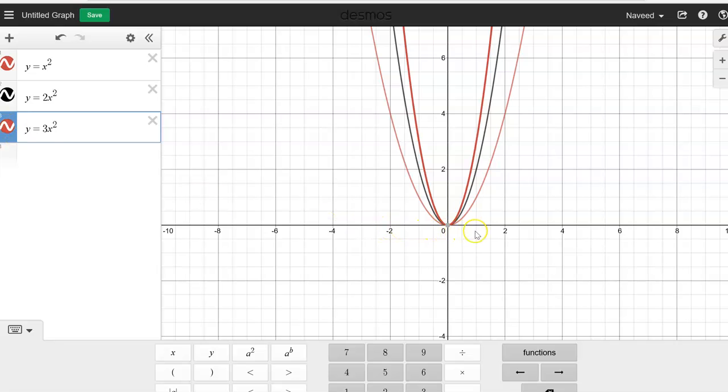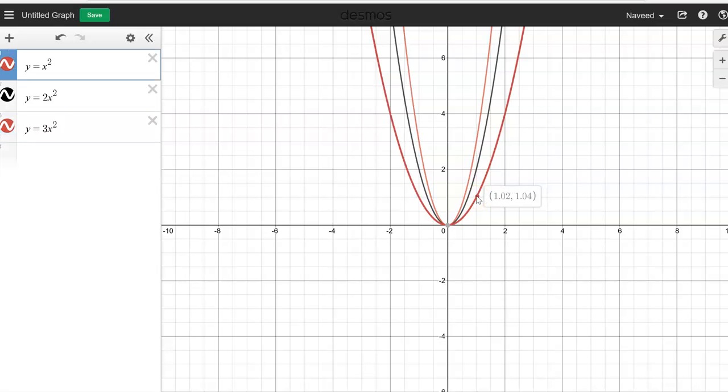Again, look, this is 1, 1, but the new graph has 1 for x and goes all the way up to 3. The y values have been tripled. We call that a vertical expansion. The graph is getting skinnier.